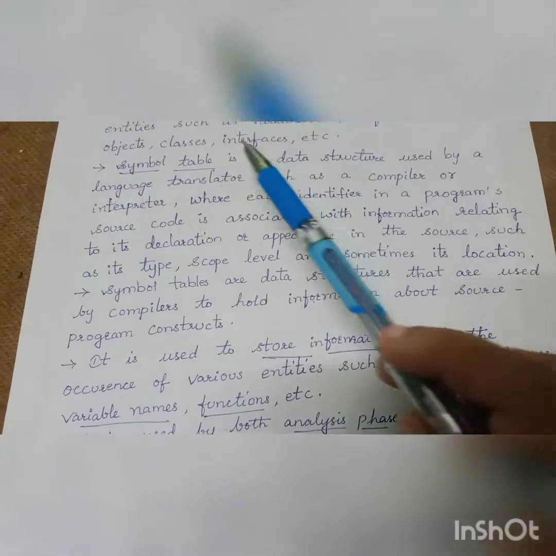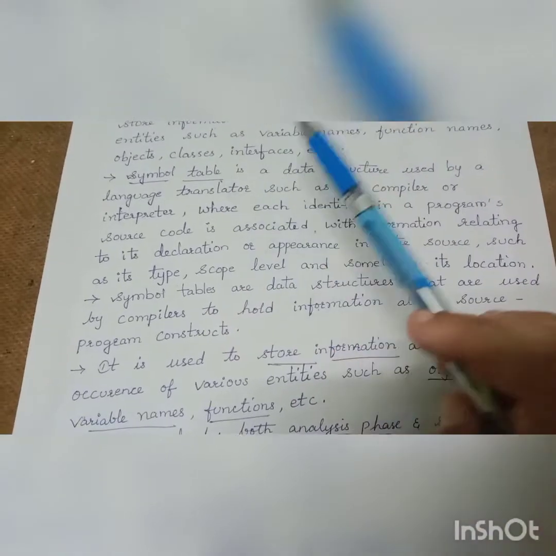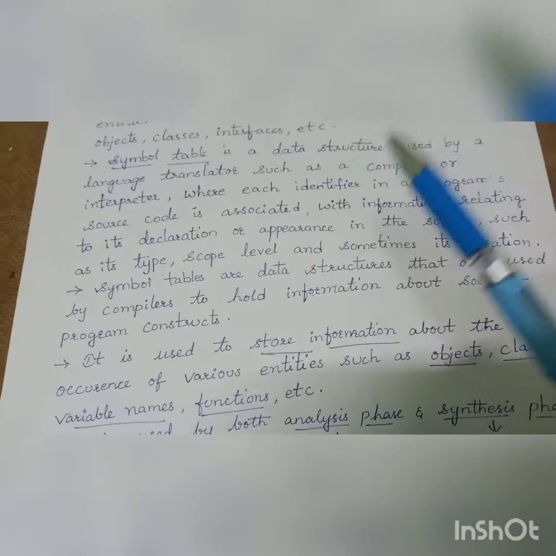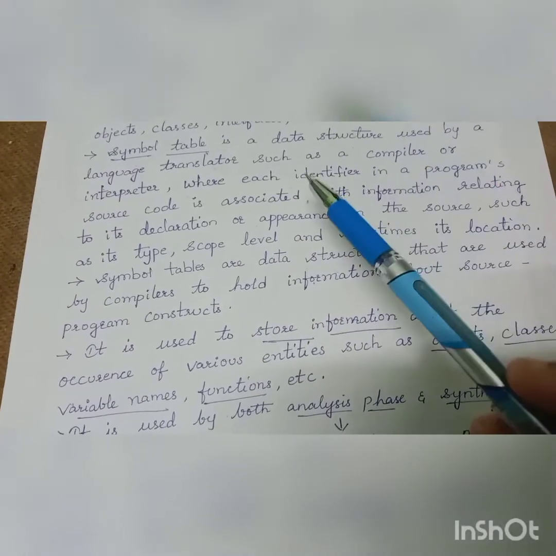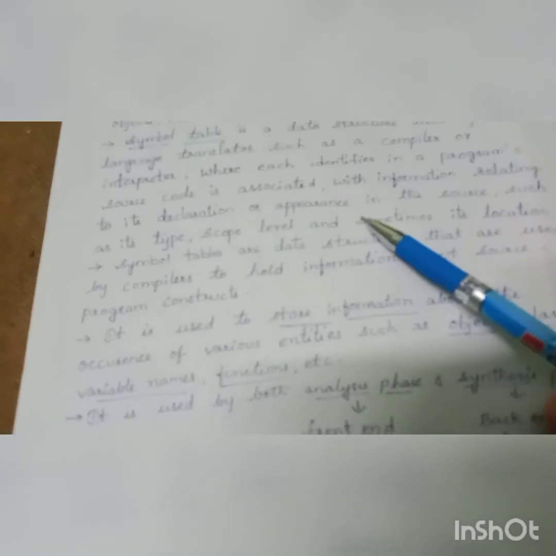So in the symbol table, we are storing variable names, function names, object classes, interfaces, etc. Along with that, it also stores its type, its scope level, and sometimes its location.